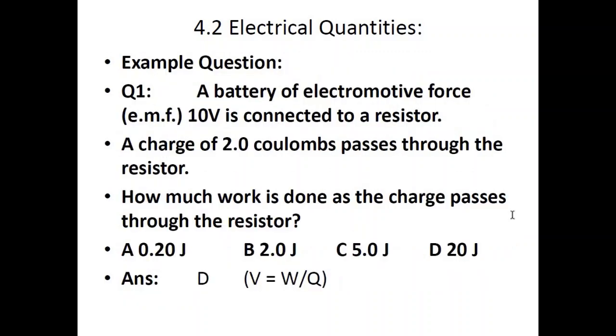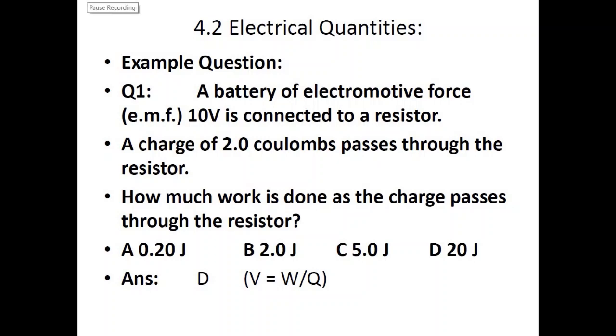Example question: a battery of electromotive force 10 volt is connected to a resistor. A charge of 2 coulombs passes through the resistor. How much work is done as the charge passes through the resistor? Now we only have a single formula that connects charge and voltage together. That is E.M.F equals W upon Q, work done upon charge.